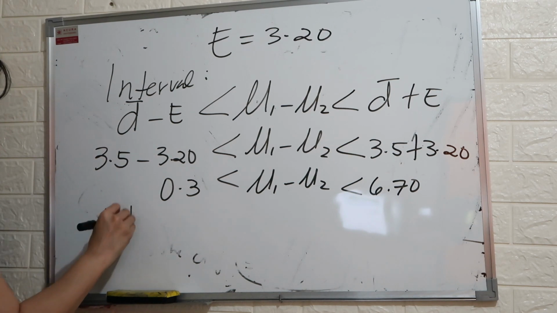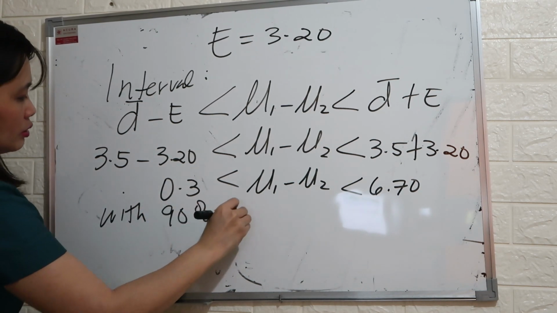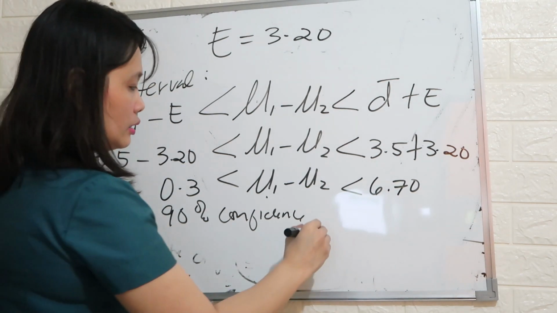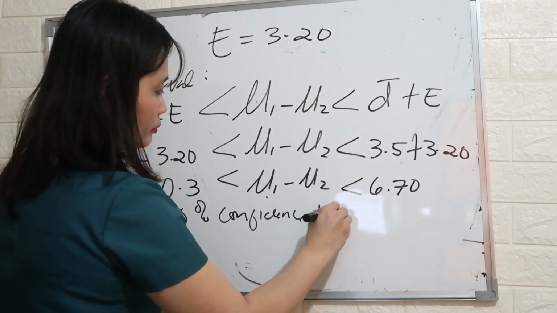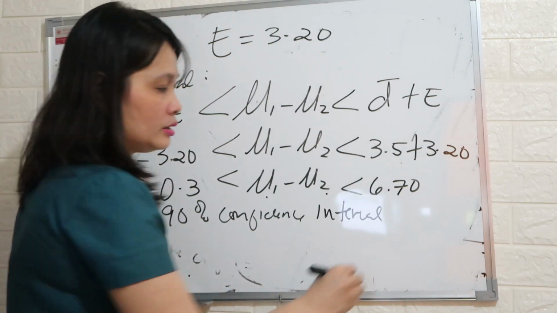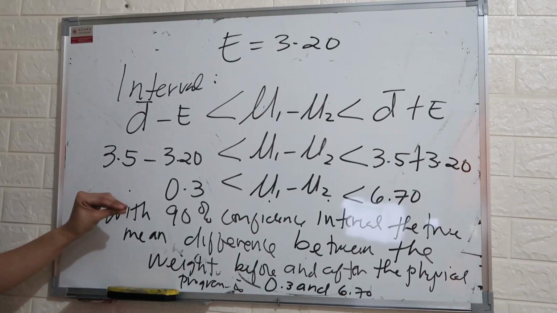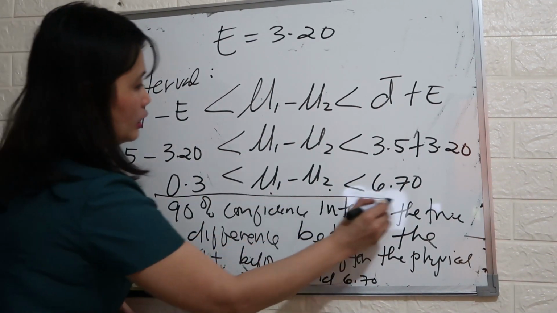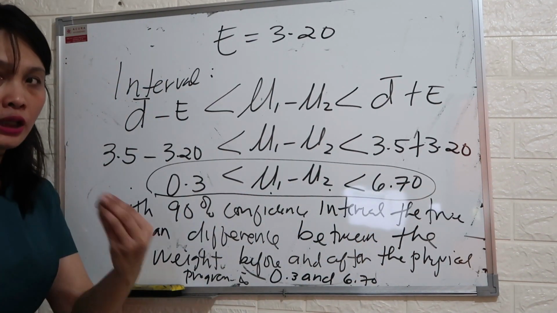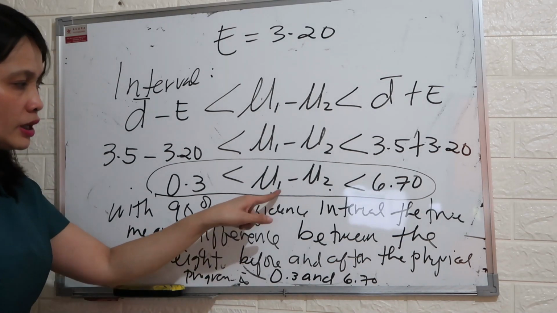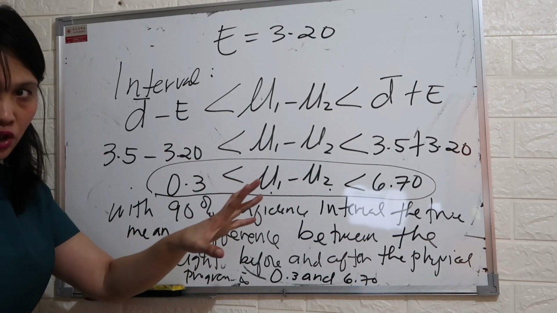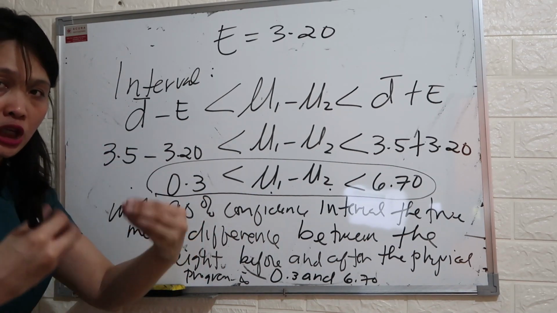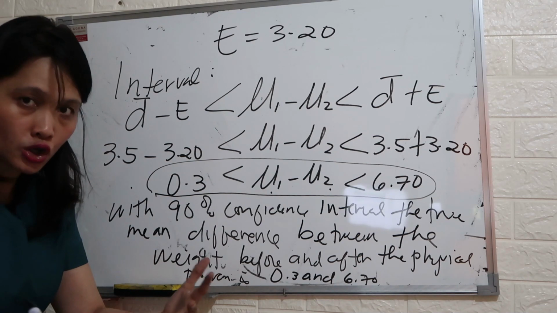So with the 90% confidence interval, the interval of the related samples, mu1 minus mu2, is greater than 0.3 but less than 6.7. Therefore, you are 90% confident. What will be your conclusion?